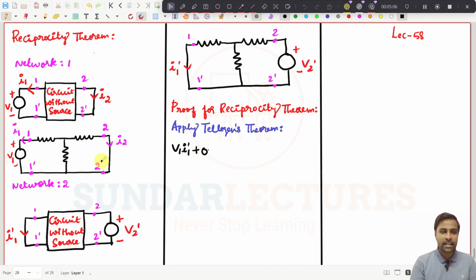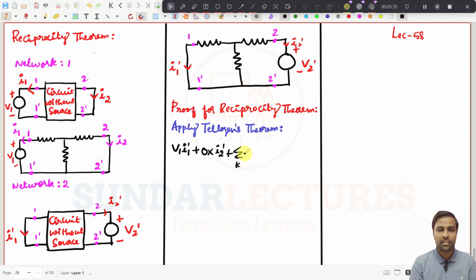And what is the current in the other network? See, oh, I have missed this. So this will be I2 dash, and here also it will be I2 dash, right? So now this will be into I2 dash, and plus, see whatever the resistance here, everything, I am just summing it into k number of, maybe this will be common for all the circuits, right?